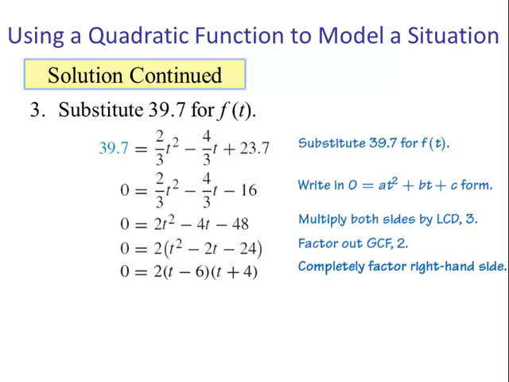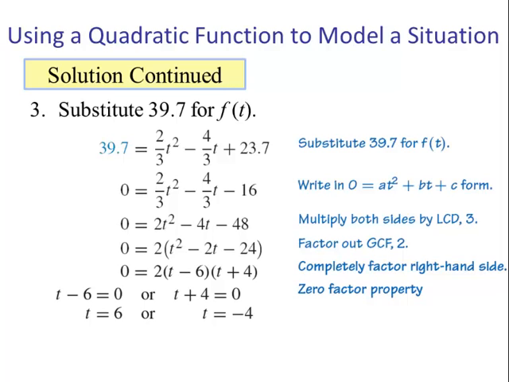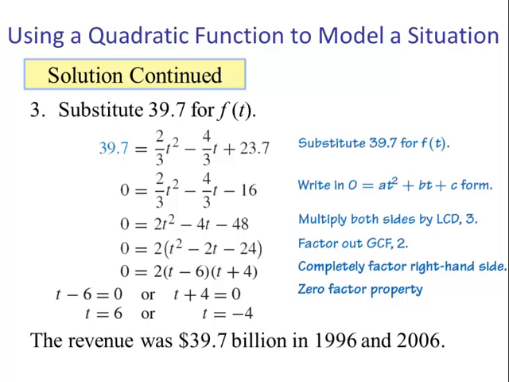Now, using the zero factor property, either this binomial is 0 or this binomial is 0, so we set them equal to 0. And we see that t is equal to 6 or t is equal to a negative 4. So in terms of the problem, the revenue will be $39.7 billion 4 years before 2000, which is in 1996, and 6 years since 2000, which would be 2006.